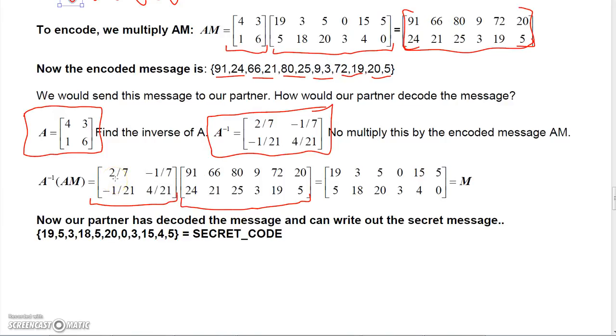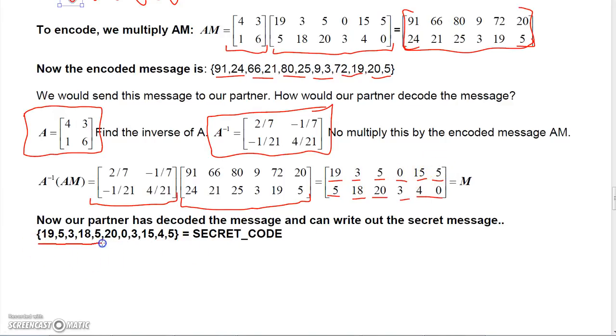When you multiply this row by each column, you're going to get the numbers that are the first row of my message matrix, and when you multiply the second row by each column, it's going to give you the second row of my message matrix. And then you can take these out, 19, 5, 3, 18, 5, 20, in that order, 0, 3, 15, 4, 5, 0.